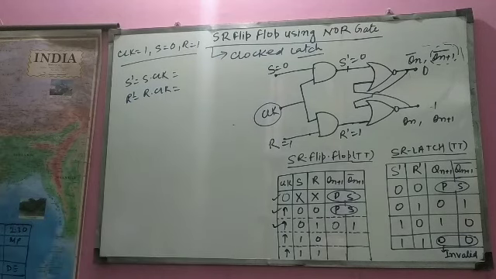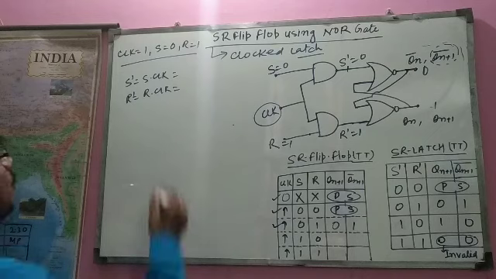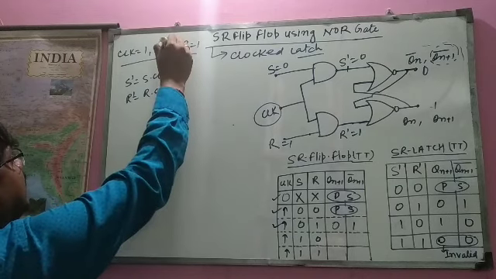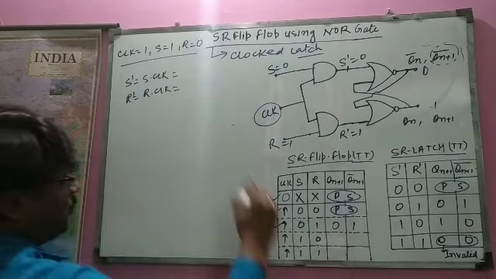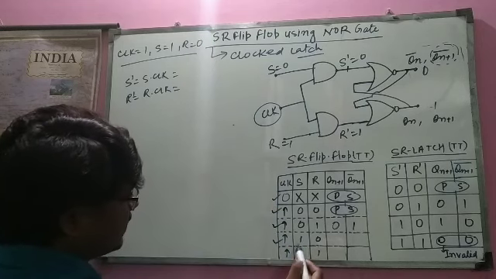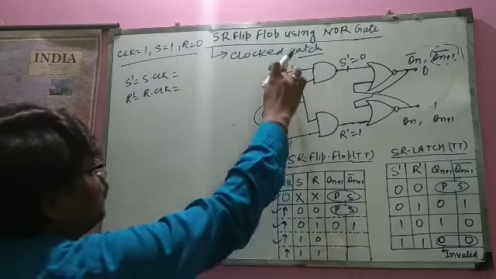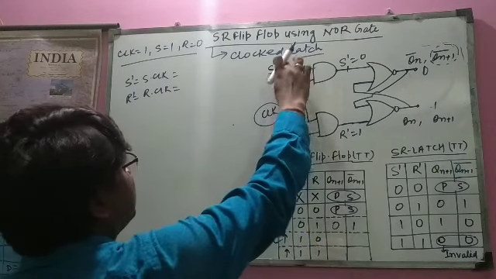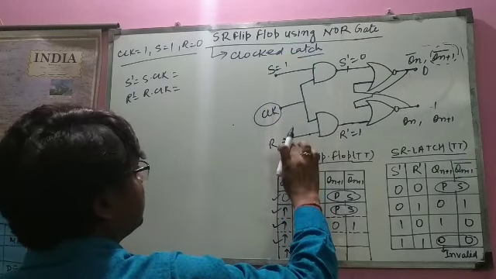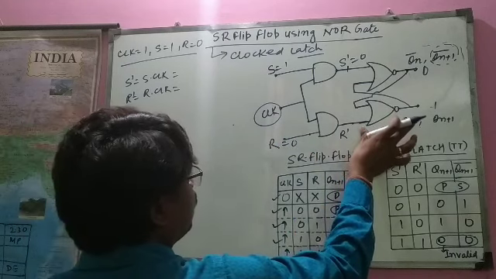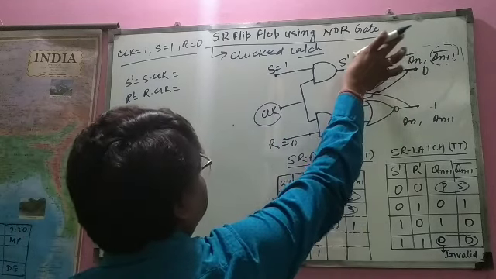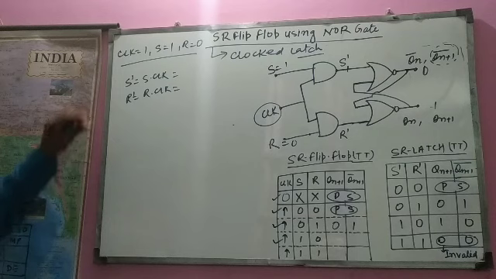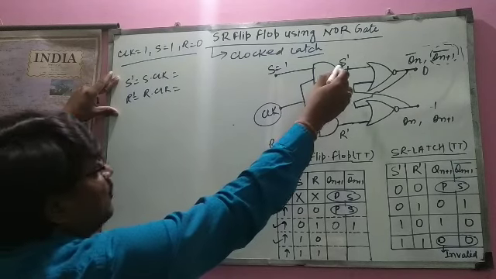Clock is 1, but S is 1 and R is 0. We are watching this condition. So we do not know the value of this one. We will just calculate what will be the value of S dash.